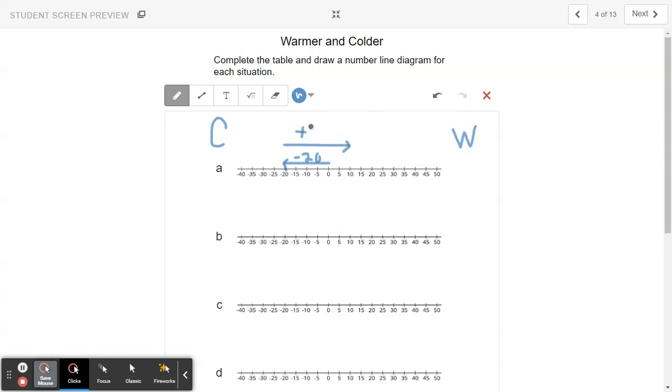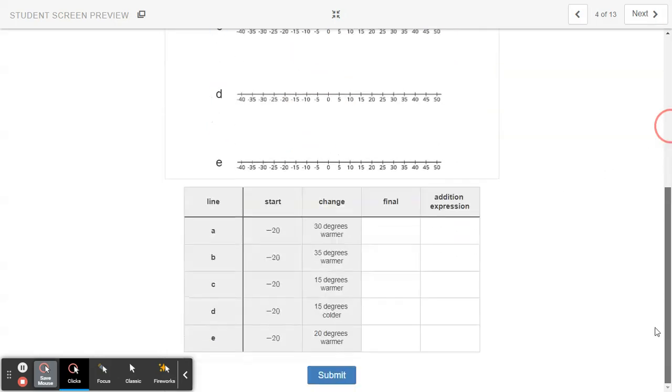So it's plus 30. So when I did the negative 20 and I added 30 degrees to it, we ended up at 10 degrees positive. So my final temperature was 10 degrees. In this case, we started with a negative, so negative 20 degrees plus 30 degrees. And it's positive, so I just write plus 30.